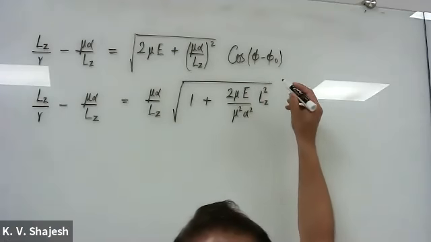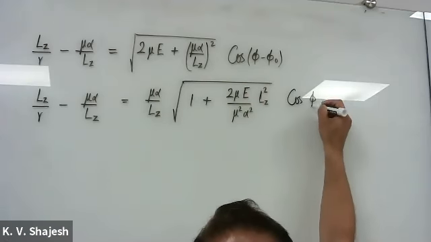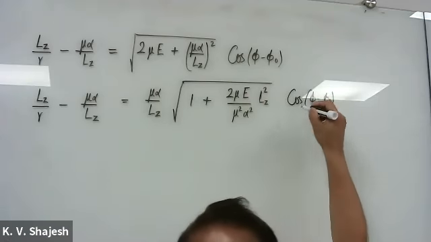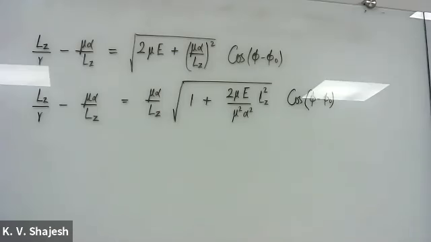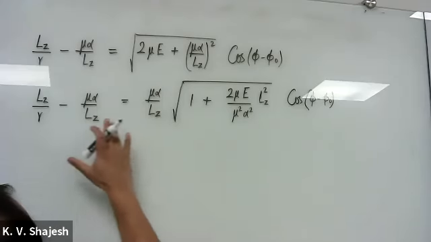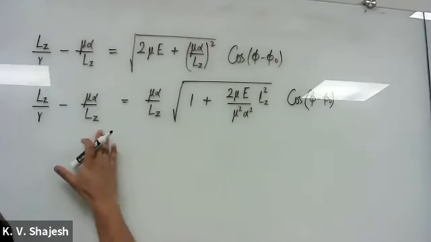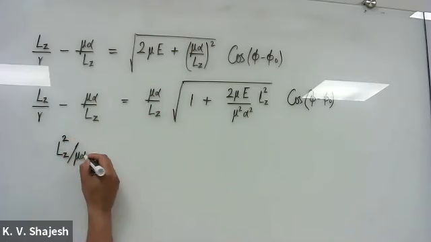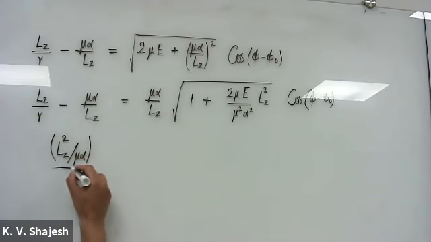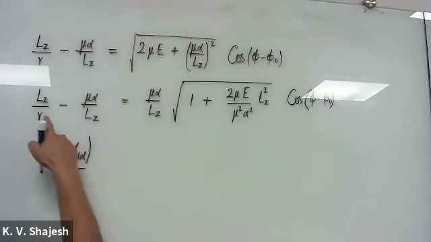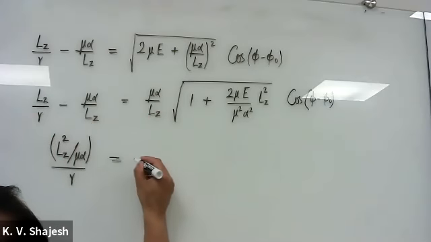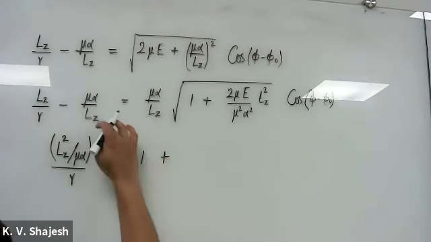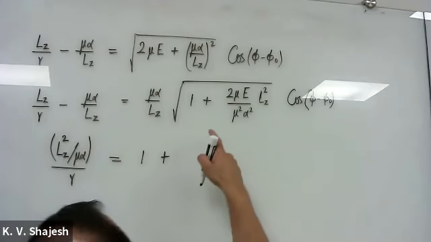That's what I want, and that's cosine of phi minus phi naught. Okay, I divide this out and put this in here. So I write this as LZ square over mu alpha, all in the numerator, divided by R, is equal to 1 plus... So these two go away, so I put the 1 on the other side.